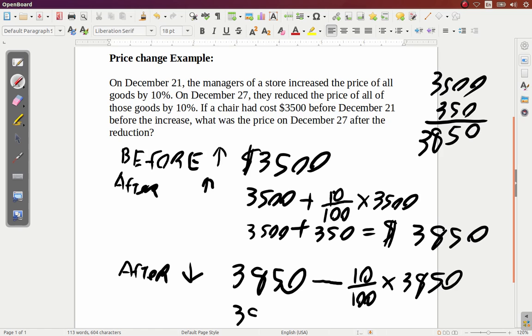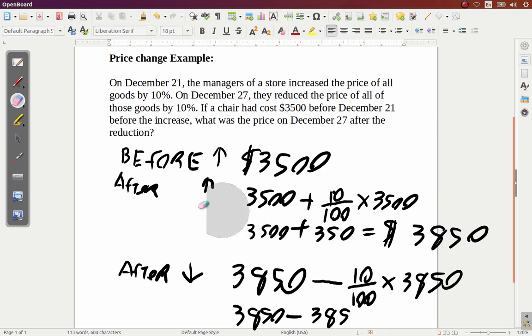So it is $3,850 minus 10% of $3,850, which is $385. Right? Let's work it out somewhere over here. So what we have is $3,850 minus 385.